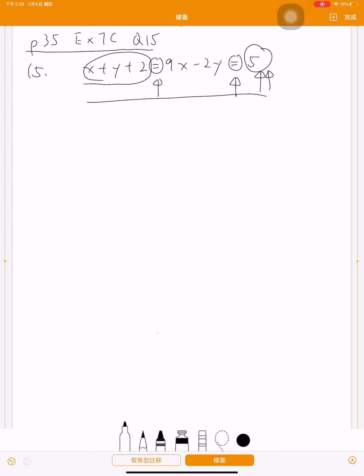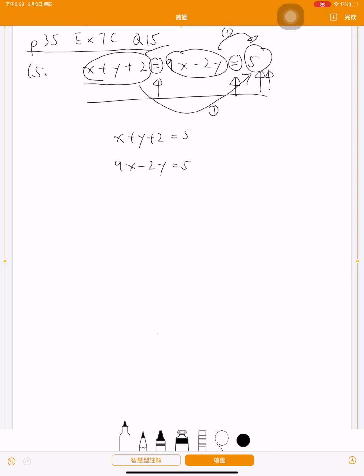If we choose this one as a group and also this one as a group, then the equation will become easier. For example, the first one is x + y + 2 = 5. The second one is 9x - 2y = 5.